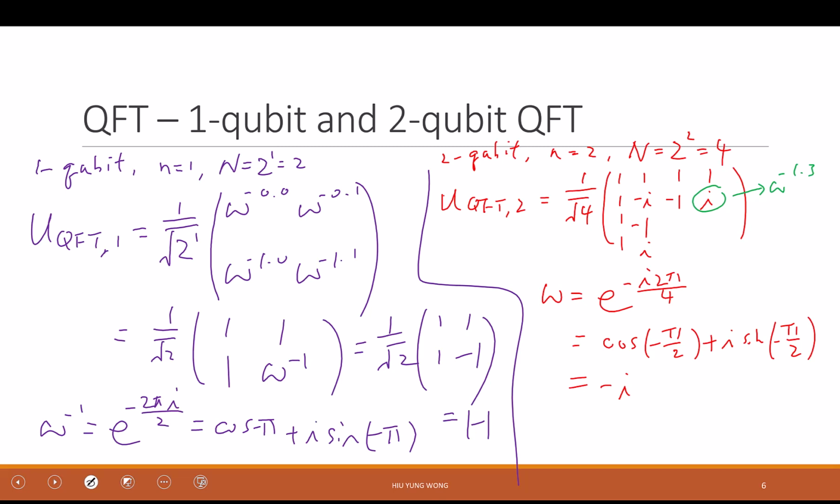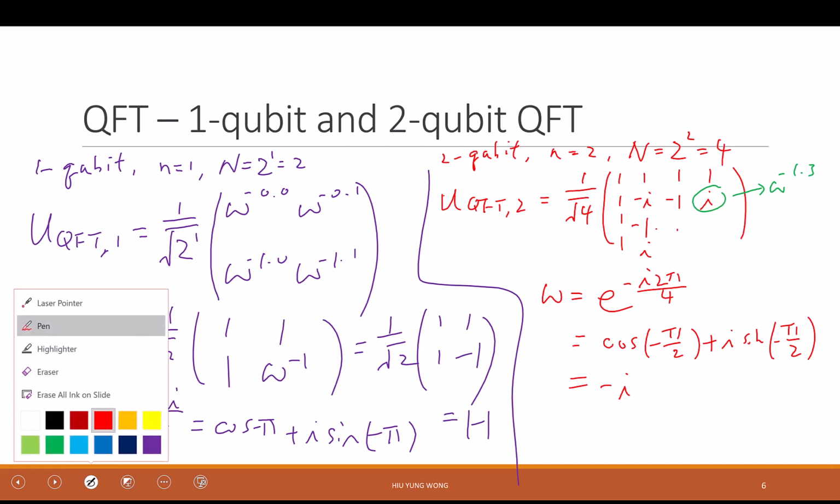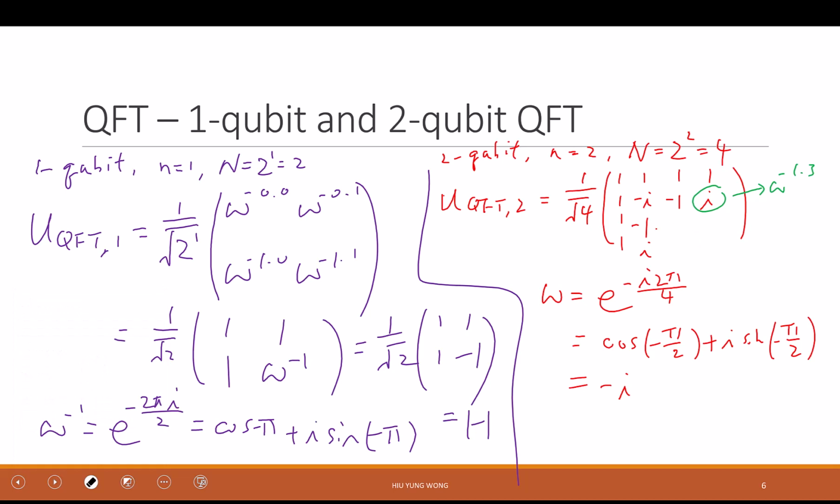How about from here to here, right? I'm going to multiply this one from here to here, because it's the second row. This is like omega square, right? The difference. From here to here is omega.